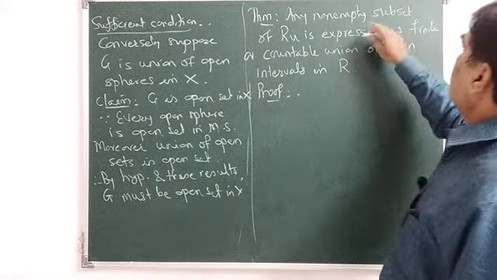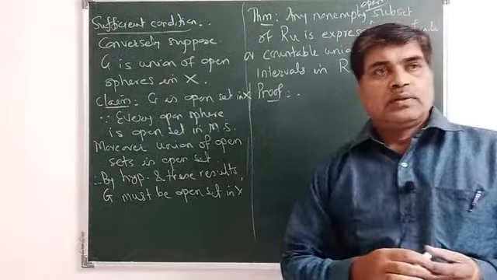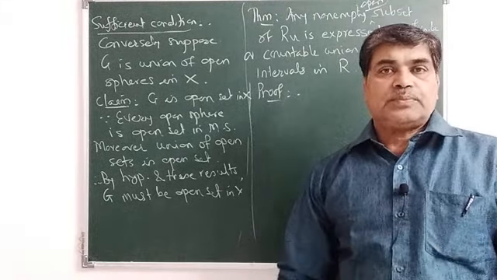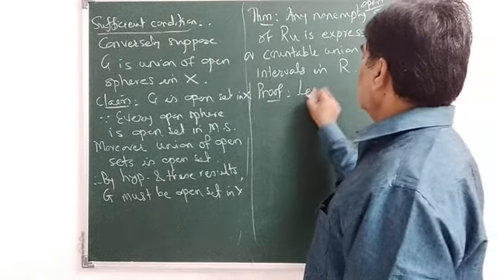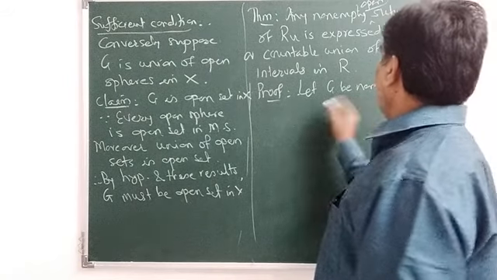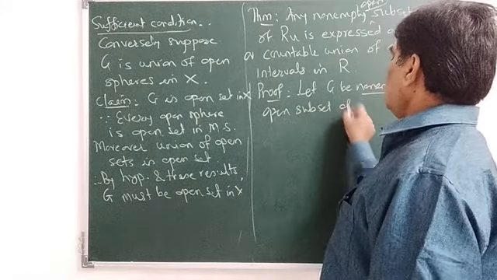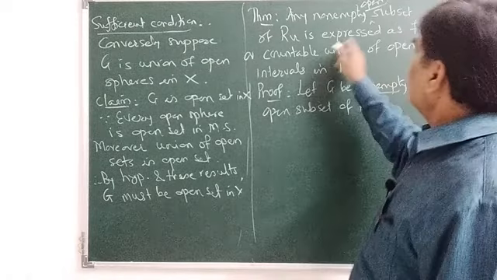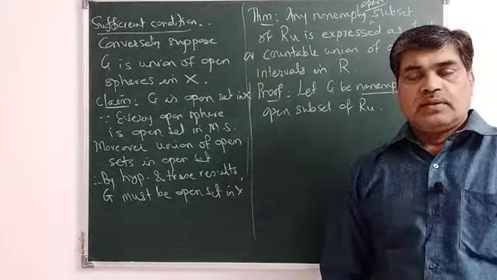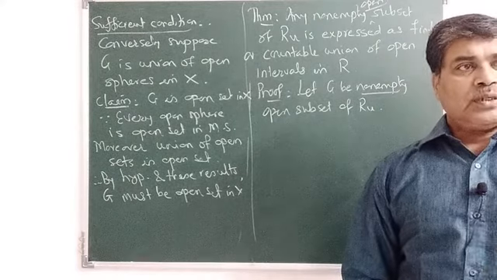Any non-empty open subset. So let G be a non-empty open subset of R usual. We have to express it as a finite or countable union of open intervals in R. It may happen that G itself is an open interval, then we are through.